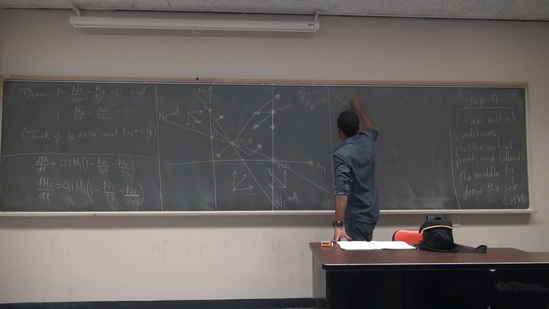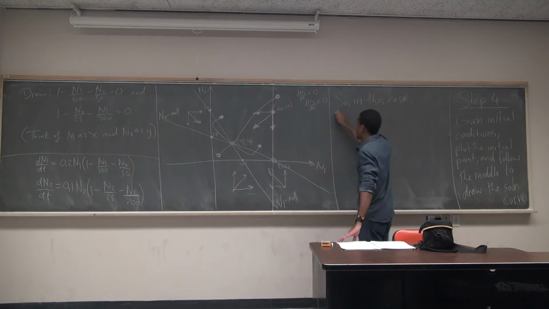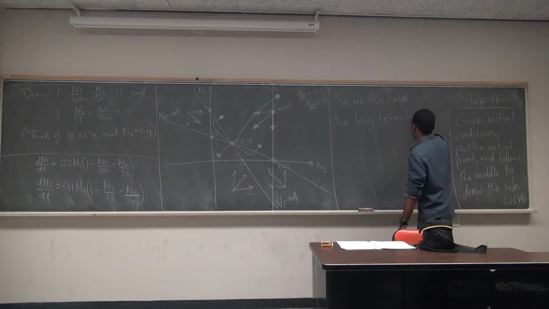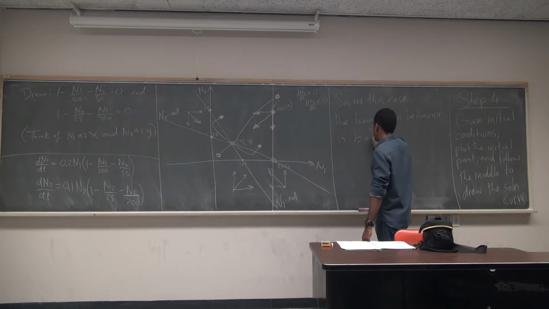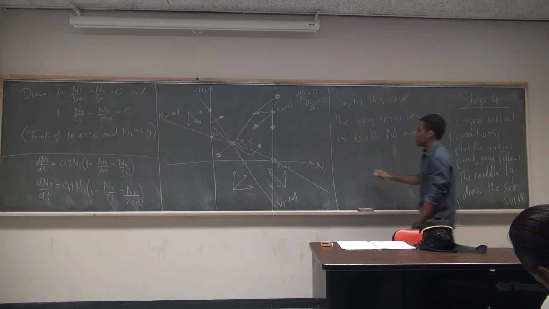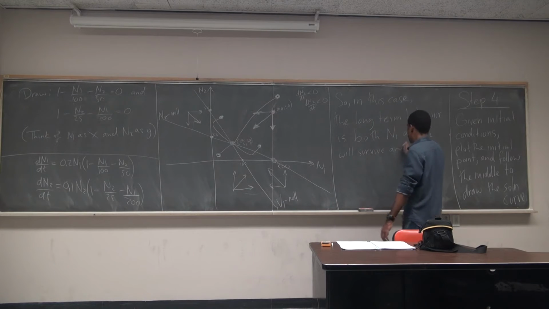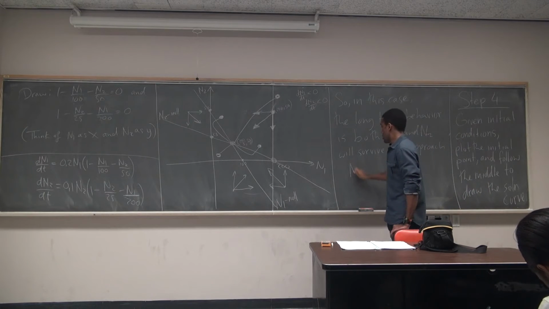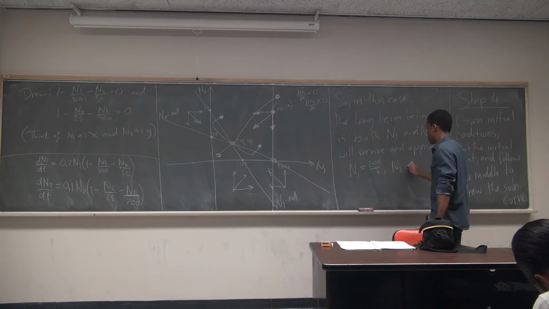In this case, the long-term behavior is the following: both N1 and N2 will survive and approach N1 being 200 over 3, and N2 being 50 over 3.